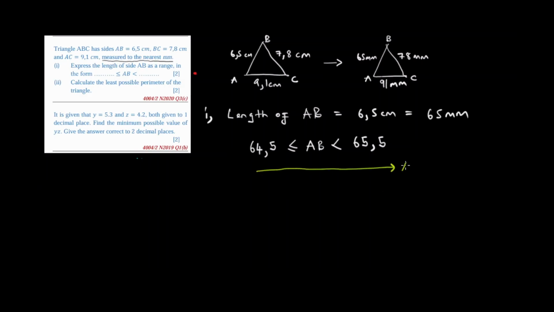And AB, then here we have 64.5, here we have 65.5.